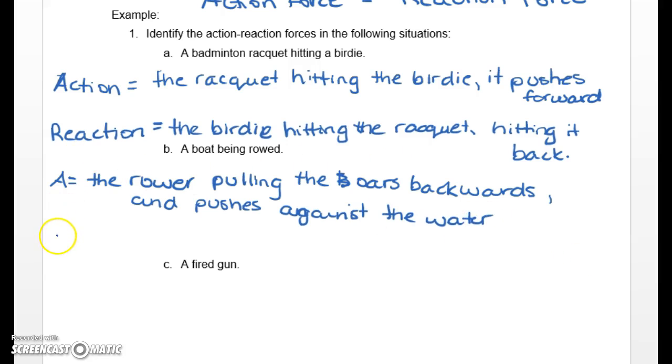Then your reaction is that the water pushes against the oars, which in itself helps the boat move forward.